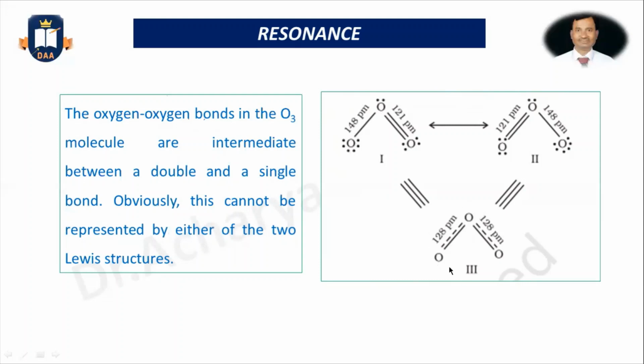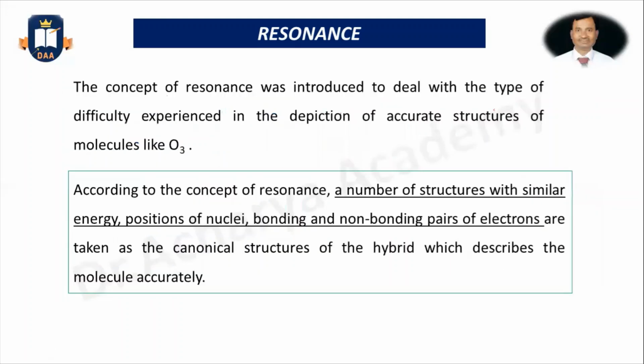This is structure number 3, a better representation of the O3 molecule. The concept of resonance was introduced to deal with this type of difficulty, to explain the accurate structure of O3 molecules and other such structures.